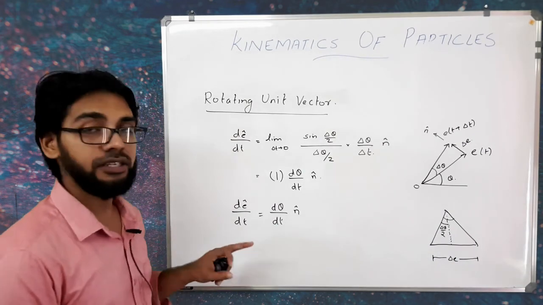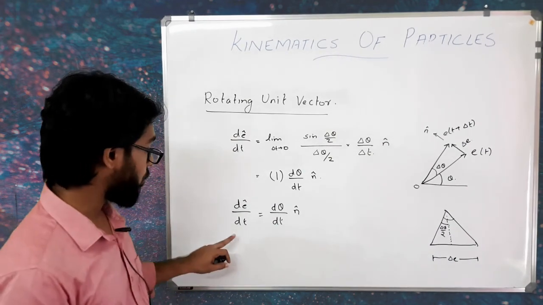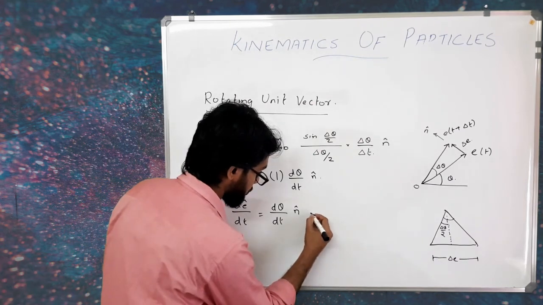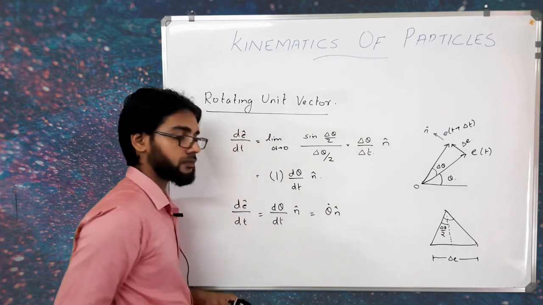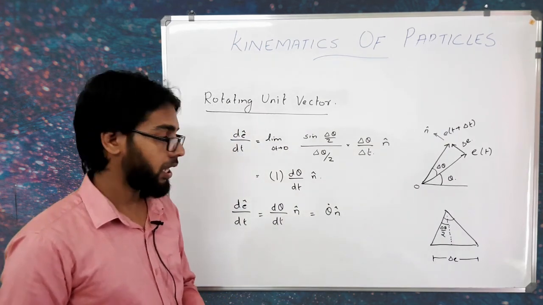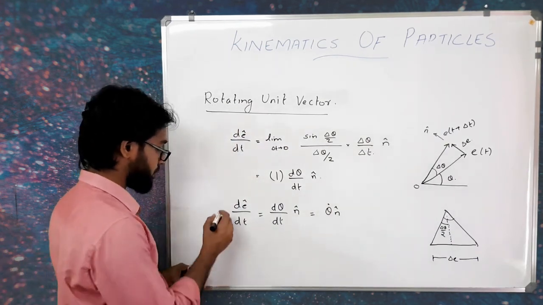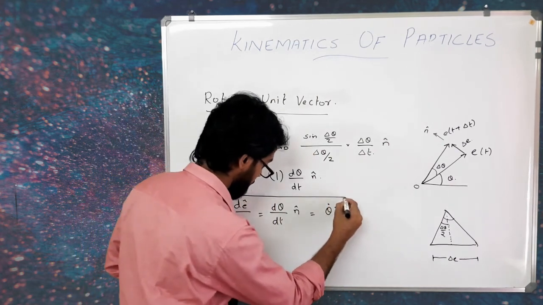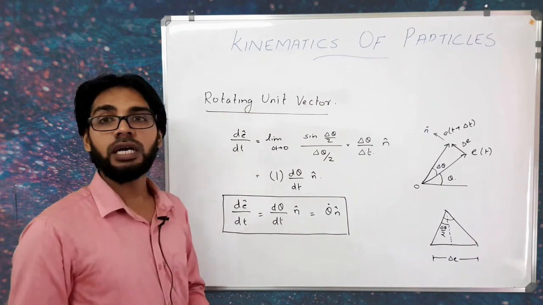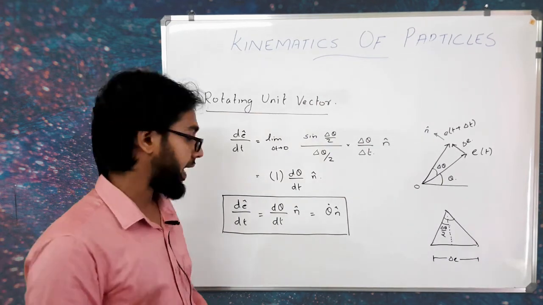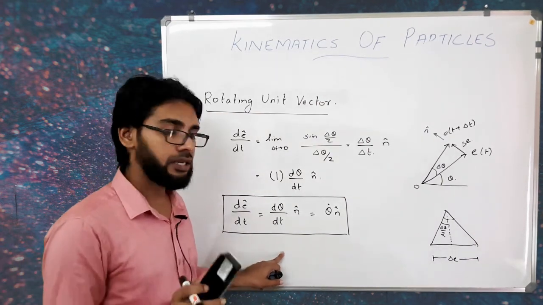So the derivative of a unit vector can also be represented as θ dot into n. We shall be using this expression when we come to the velocity and acceleration components in the cylindrical coordinate system.